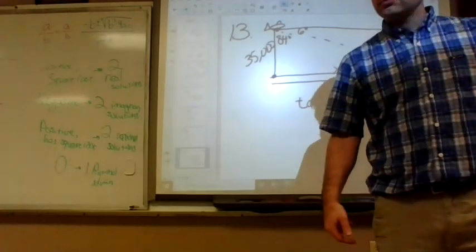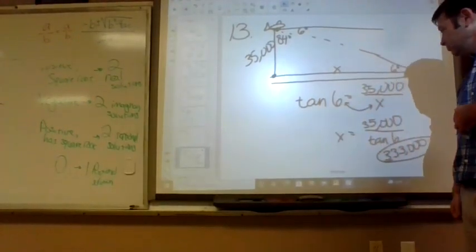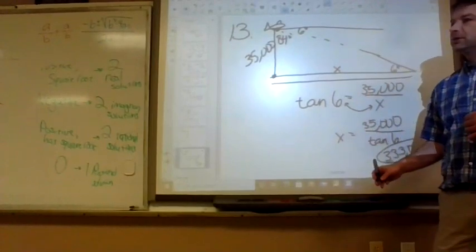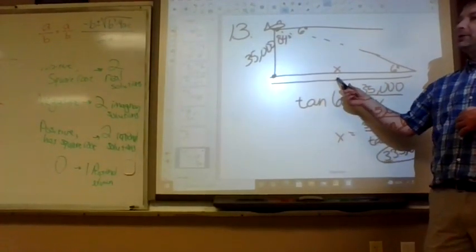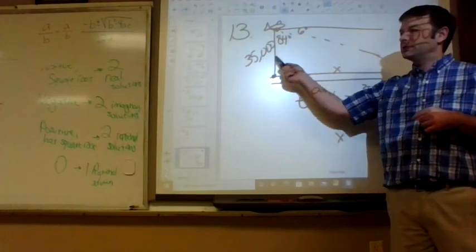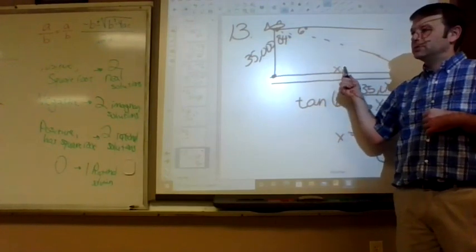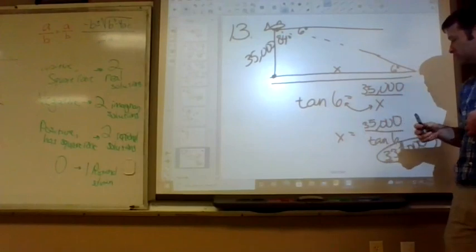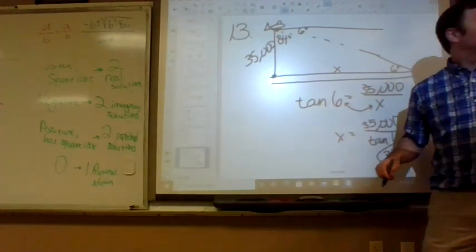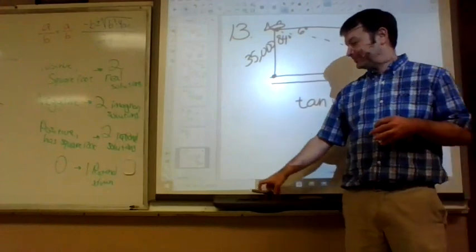I did tan of 84 is 35,000 over x, should have got the same answer. Tangent is opposite over adjacent, so you should have put that on top. There, it says feet. Okay, I'm done chatting.